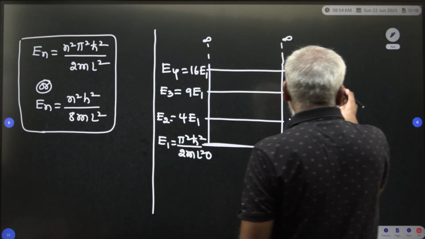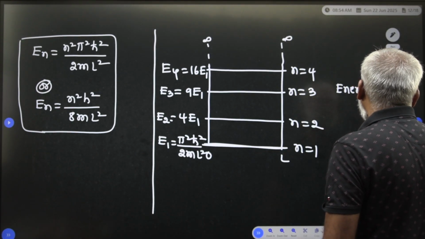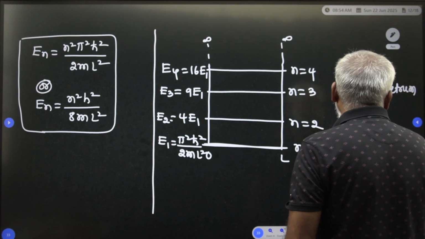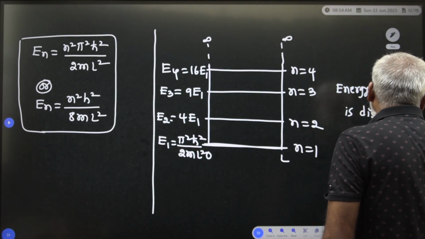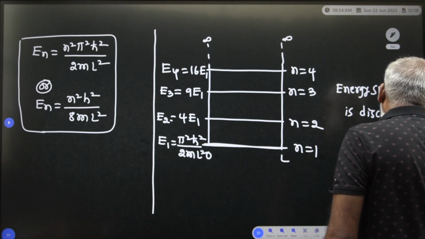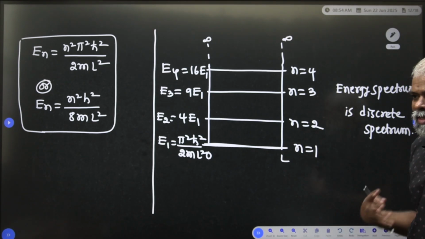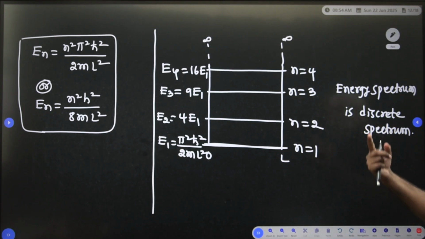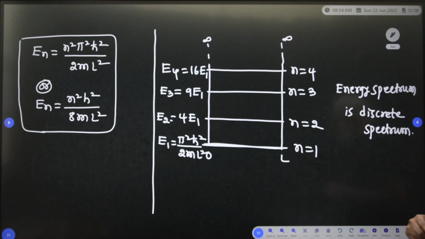This energy spectrum in a one dimensional box is a discrete spectrum, correct? This energy spectrum is a discrete energy spectrum, and we take the ground state as n is equal to 1.